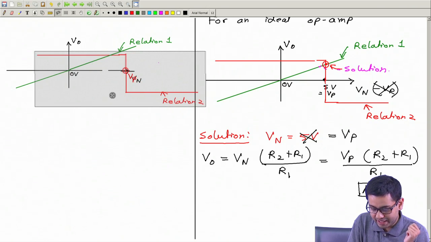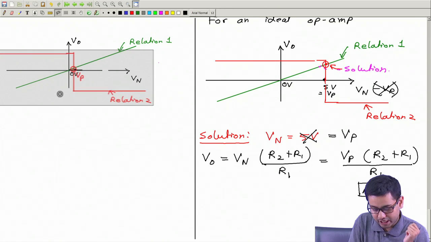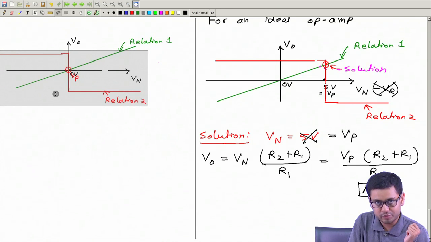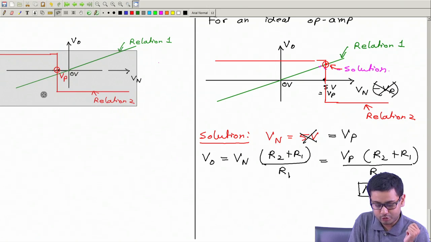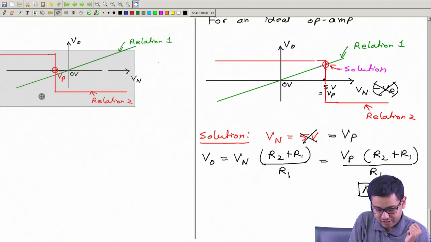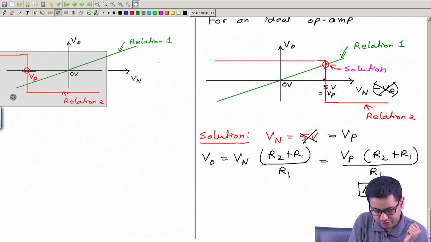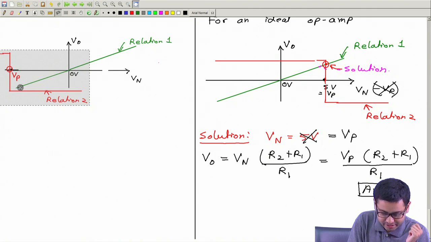Similarly, if I bring it down, at this moment output will be 0. I make it negative, you see, now the output is negative. Vp is negative, output is also negative. I make it further negative, and at some point, going beyond the limit of the screen, if I go further, the intersection will be here.